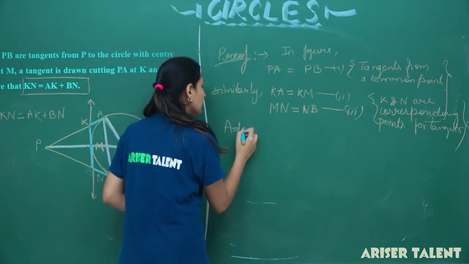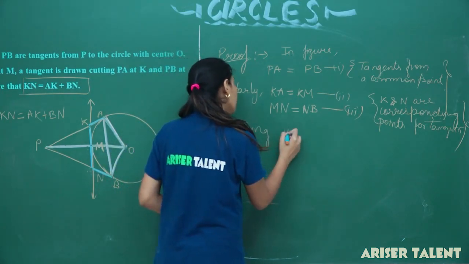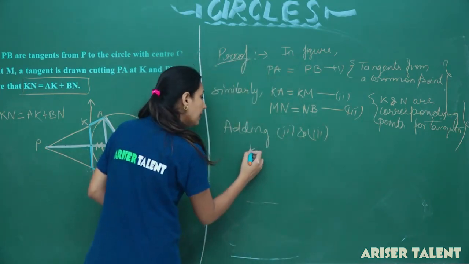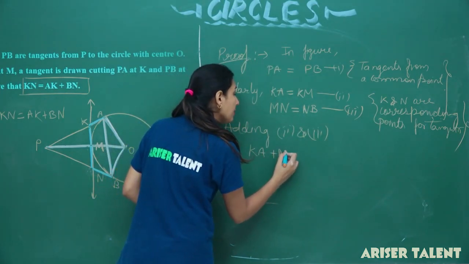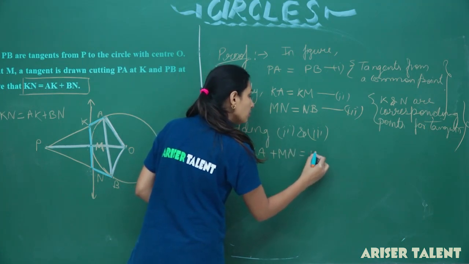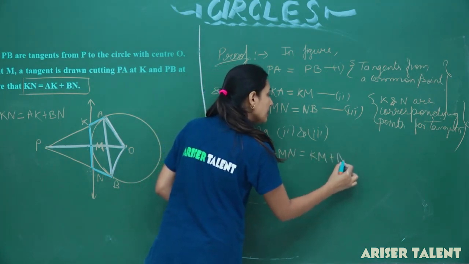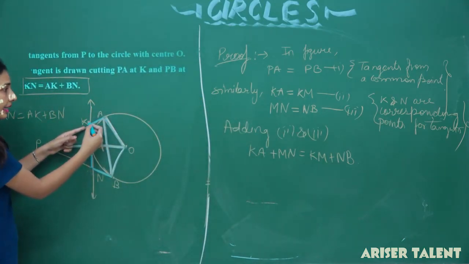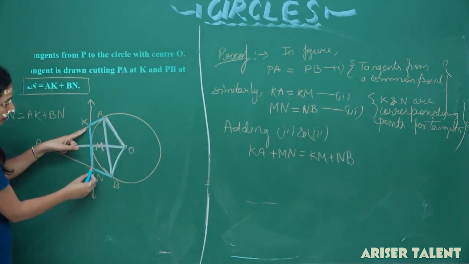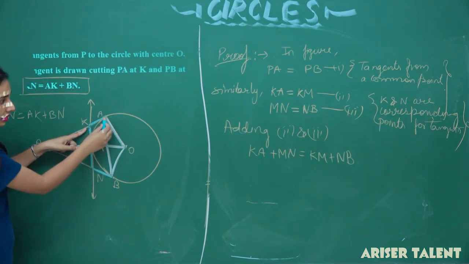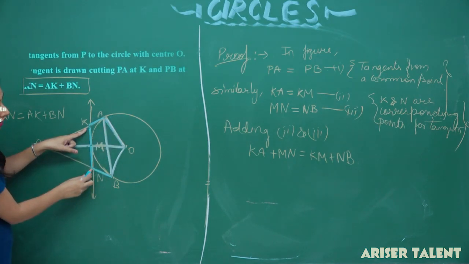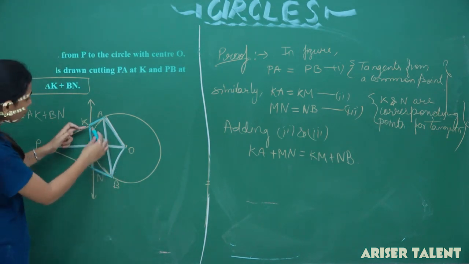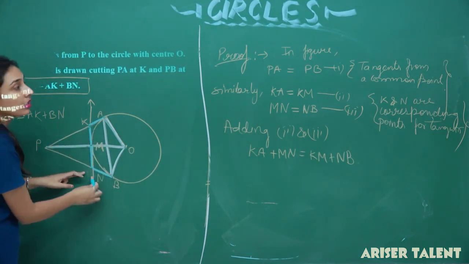Adding second and third. Now, what are you doing? You are adding second and third. What will you have? Ka plus Mn equals to Km plus Nb, okay. So, can I do this thing? I have to write Km plus Mn, okay.